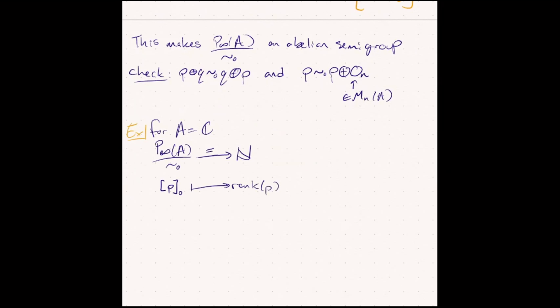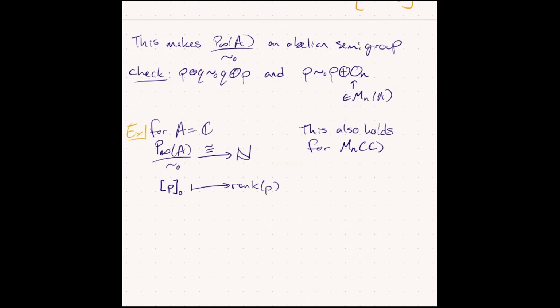The theorem that we had before gives that this is an isomorphism. This similarly holds not just for the complex numbers, but also matrices over the complex numbers.